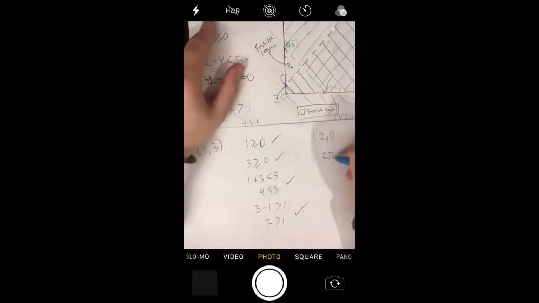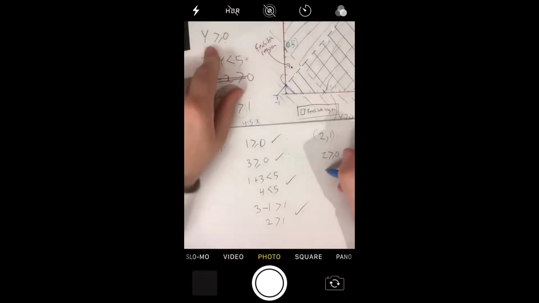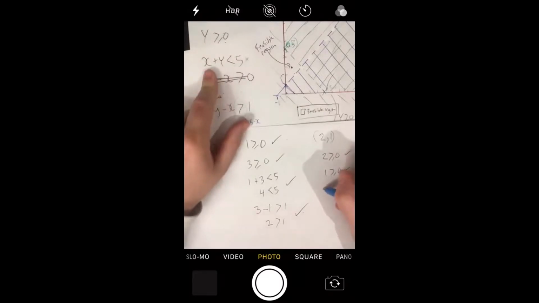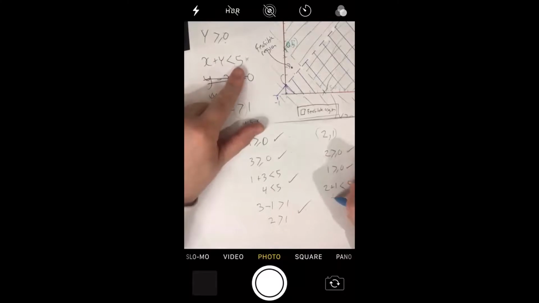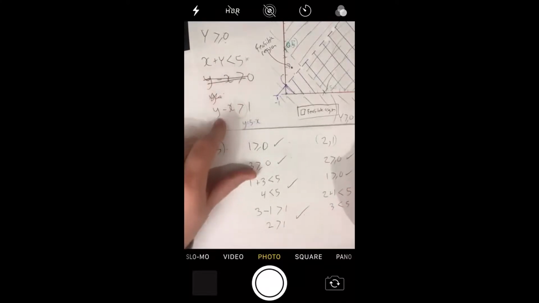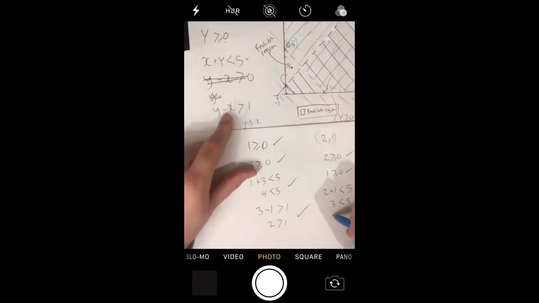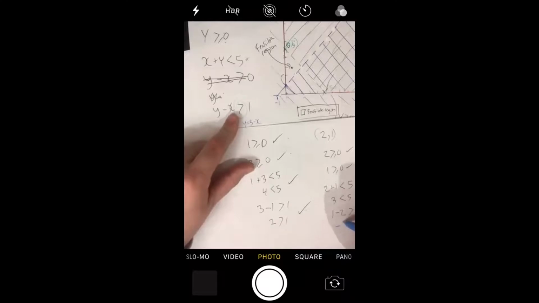Is 2 greater than 0? Yes, it is. Is 1 greater than 0? Yes, it is. 2 plus 1 must be less than 5. 3 is less than 5. Yes, that works. The other one is y minus x: 1 minus 2 must be greater than 1. 1 minus 2 is negative 1.